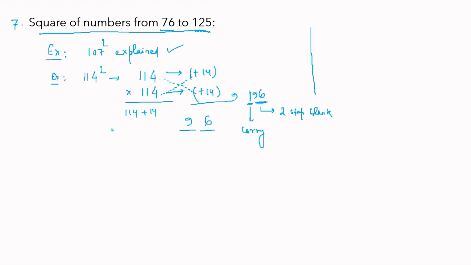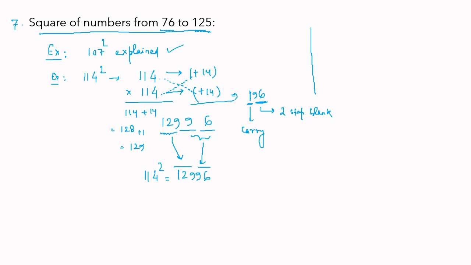But do not forget, we also have plus 1 as a carryover. So the result will be 129 in this case. And there you have already solved the problem. So 114 square will give you 12996: 129 from in here and 96 in the form of a 2-step blank process that we already obtained through step 1 and 2. There you go.